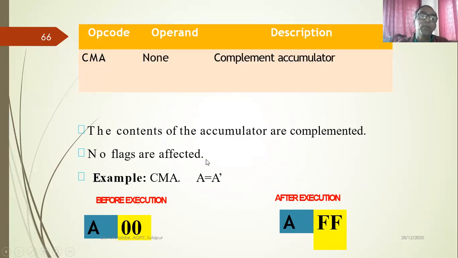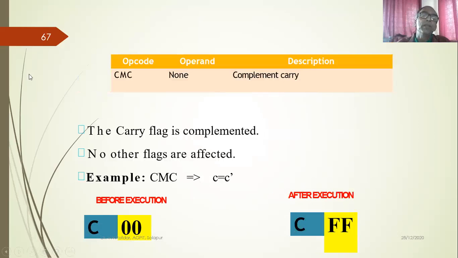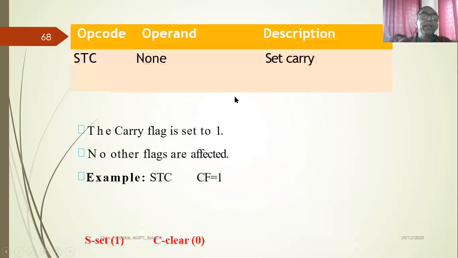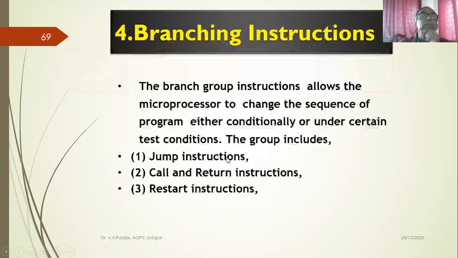No flags are affected. Example is CMA. A equals A dash. They just give the complement of each other. CMC is complement carry. STC is set carry. The carry flag is set to 1, no other flags are affected.